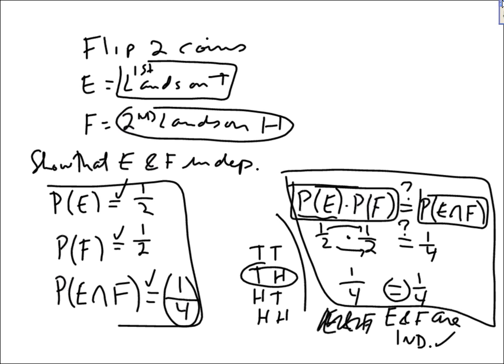Don't be one of them. You just need to show that those 2 quantities are equal: P of E times P of F is equal to P of E intersect F. Or that they're not equal. If they're not equal, you say that they are dependent.